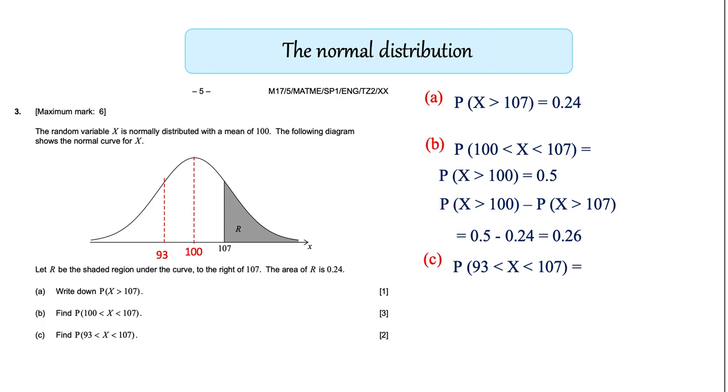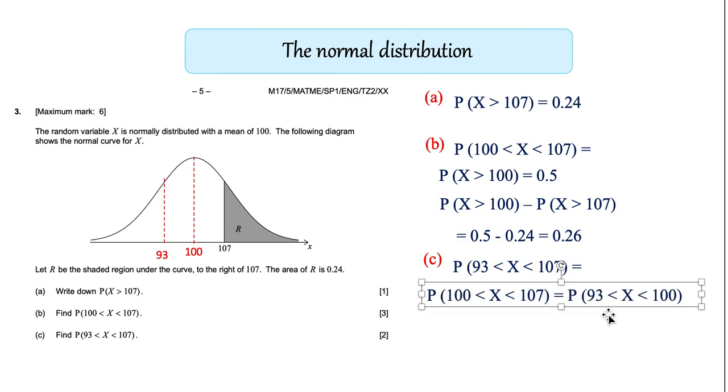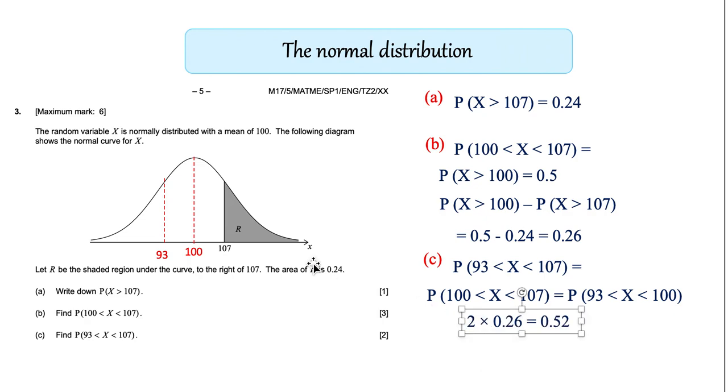And like I just said, it's also equal to the probability between 93 and 100, because these two are equal. So this part here is equal to this part, and because you already know it, you can just times it by 2, because it's the same thing twice. So the value that you had earlier, 0.26, times 2 gives you 0.52.